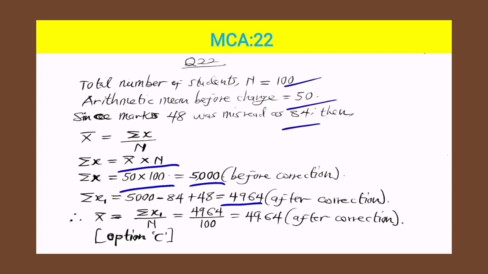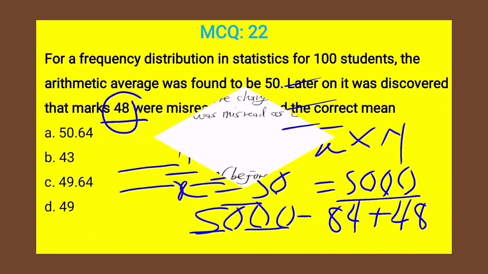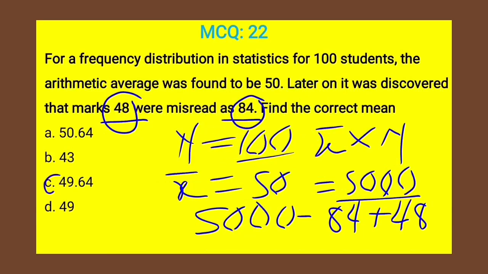And for you to find the correct mean after the correction, it is their total marks divided by the number of students, which was 100, and that will fetch you 49.64 in that. So that is their mean, which is 49.64 after the correction. So let's take note. So here the answer was C, 49.64.